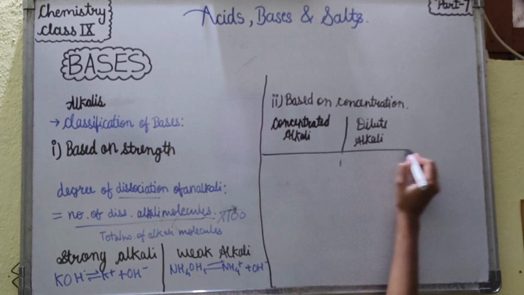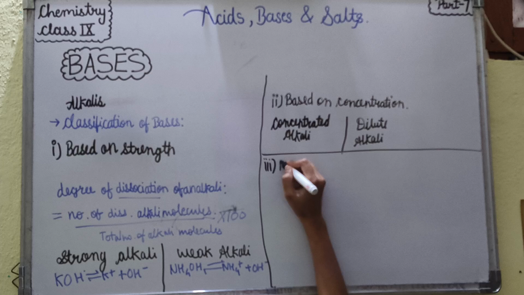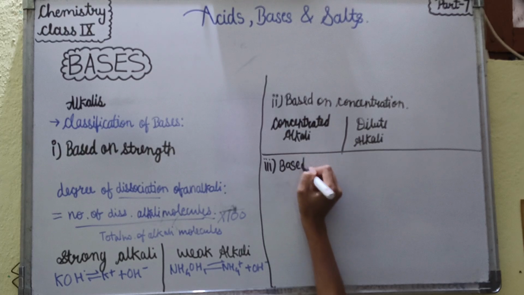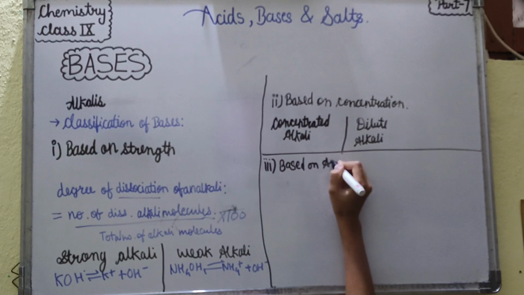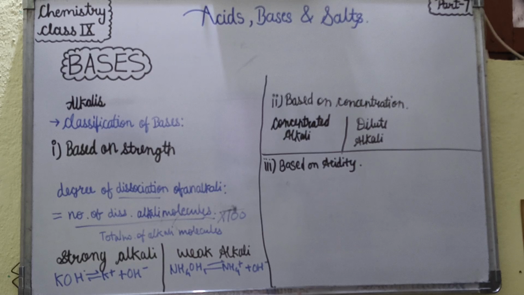Third is based on acidity. Acidity is the number of hydroxyl ions given by one molecule of a base on dissociation in water, or the number of hydrogen ions with which a molecule of a base reacts.